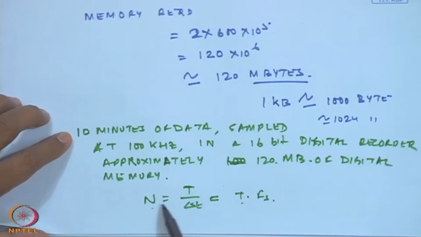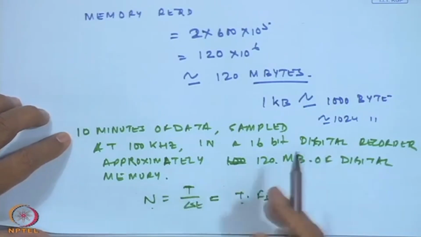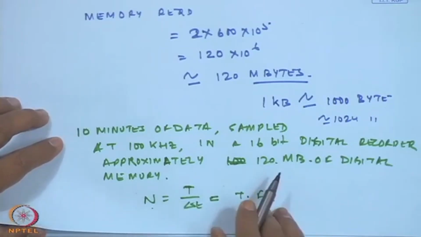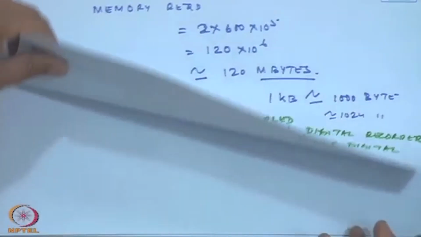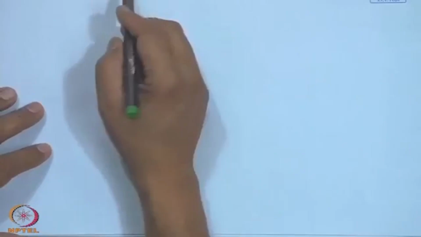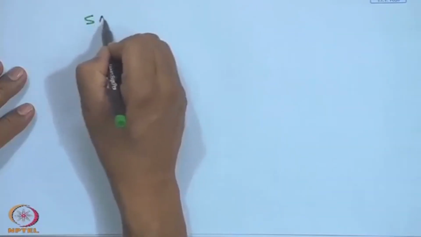If your time is increased, N would increase. Depending on that, you can do a calculation and understand the amount of memory required. But in digital recording, the most limiting factor is the sampling frequency.